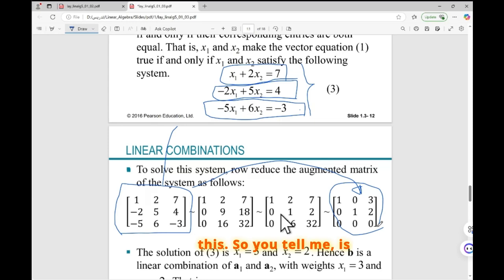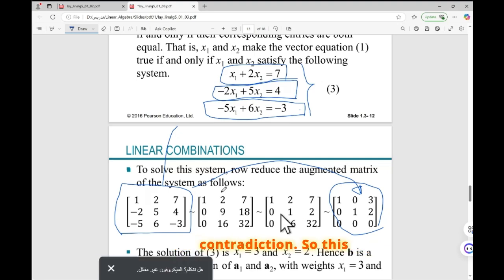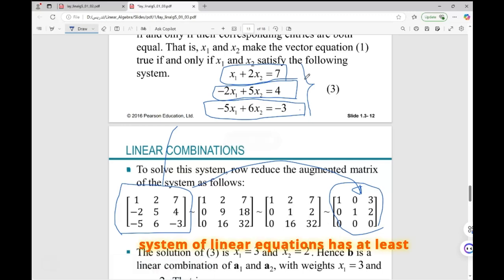So you tell me, is x1 basic or free? Basic. What about x2? Also basic. Exactly. And we didn't encounter any contradiction. So this system of linear equations has at least one solution.